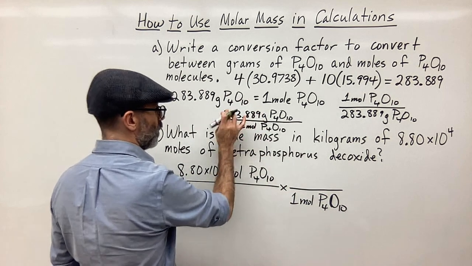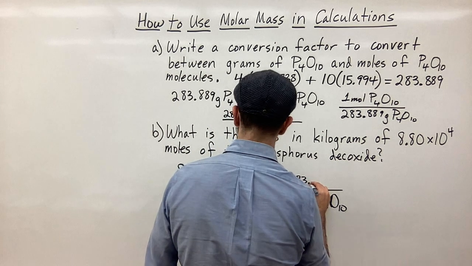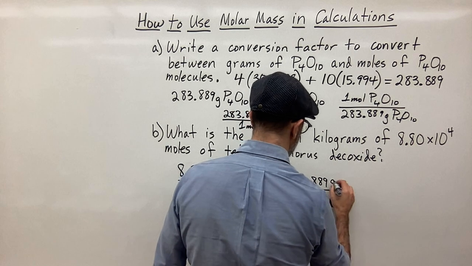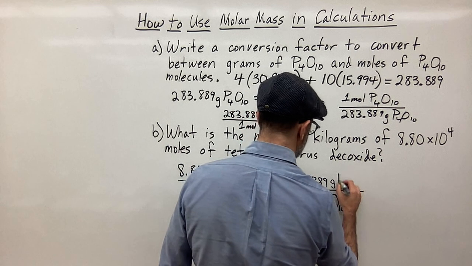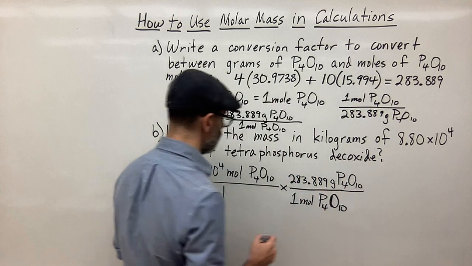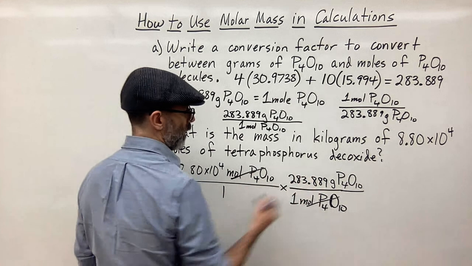So I'm going to have 283.889 grams of P4O10. So the moles cancel out, and I'm left with grams.